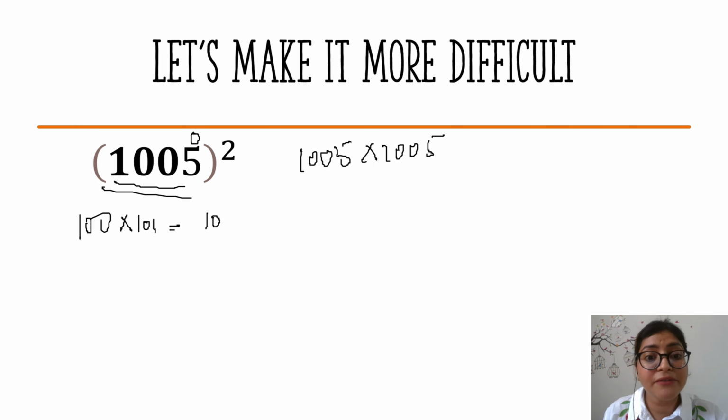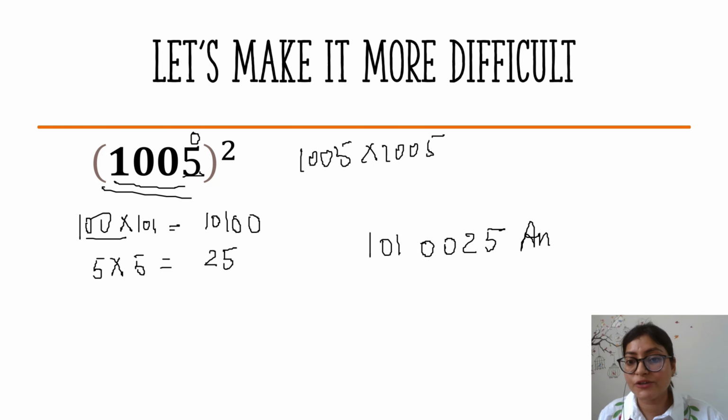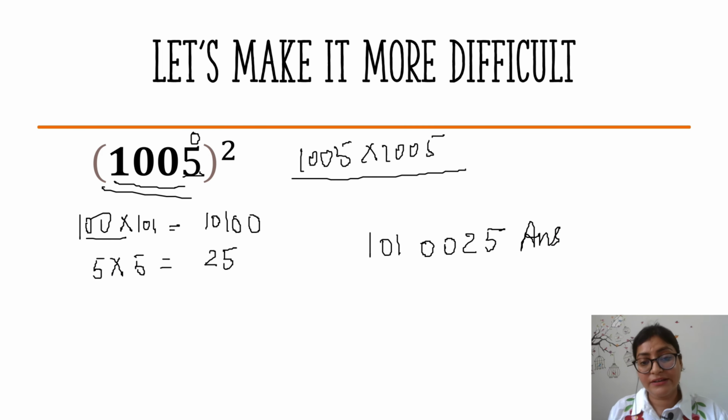We simply need to write 101 and then we can add these two zeros here. So 100 multiplied by 101 is 10,100. Now we need to write the square of 5. What is 5 multiplied by 5? This is 25. So we simply need to write both these numbers together. 1010025. This is our answer. So when we find out square of 1005, we get this number.